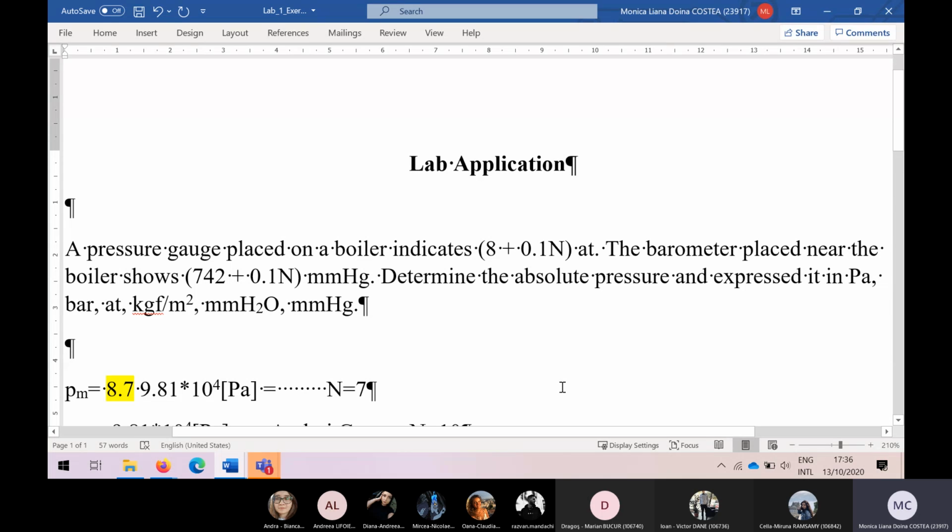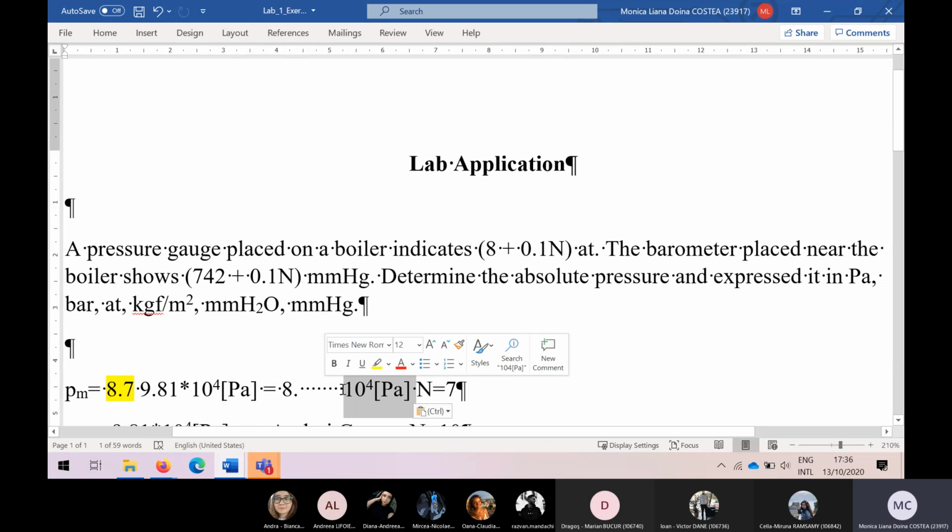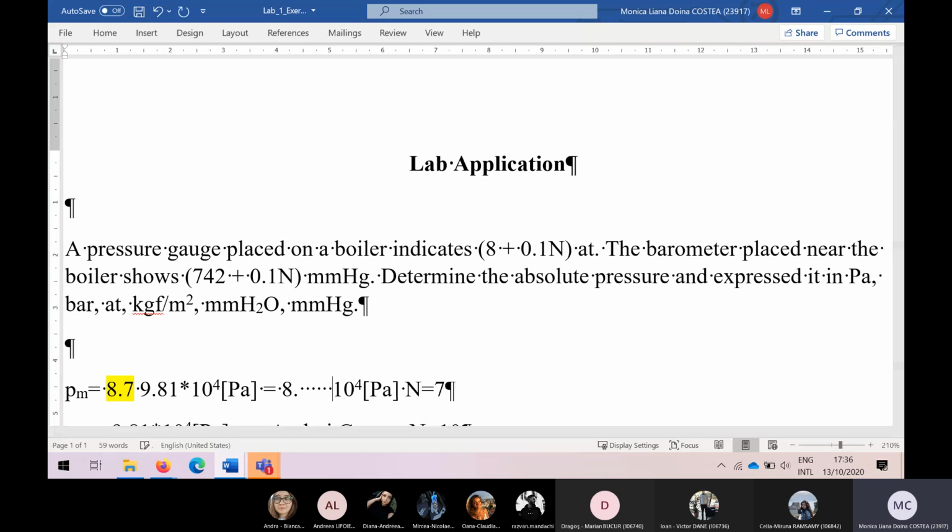Generally when you give the value here, it will be 8 point something, times 10 to the 5. Yes, you separate 10 to the 5 because it gives us a very good reference to the atmospheric pressure. So it is 8 point what?